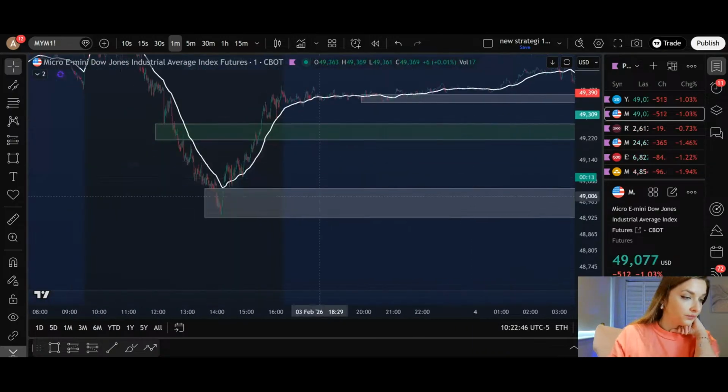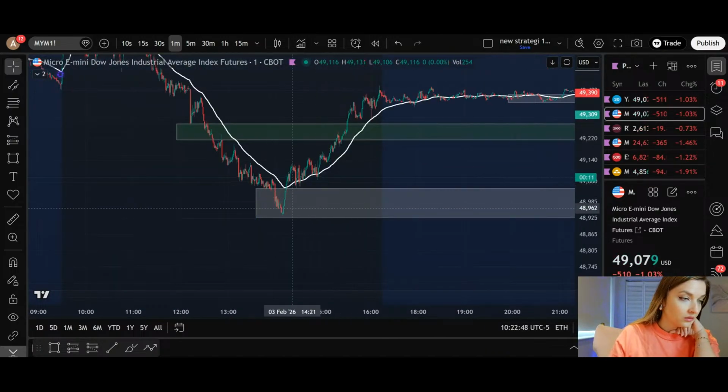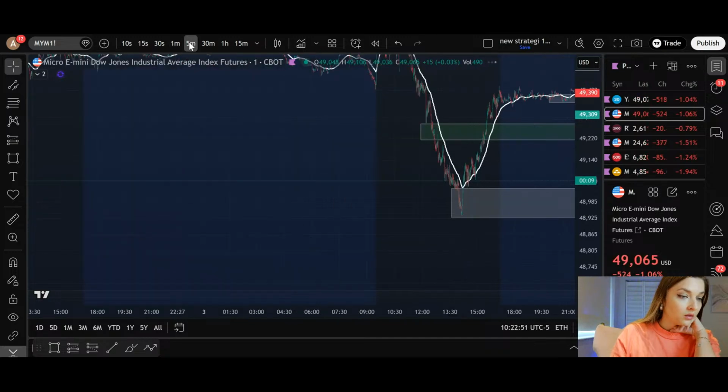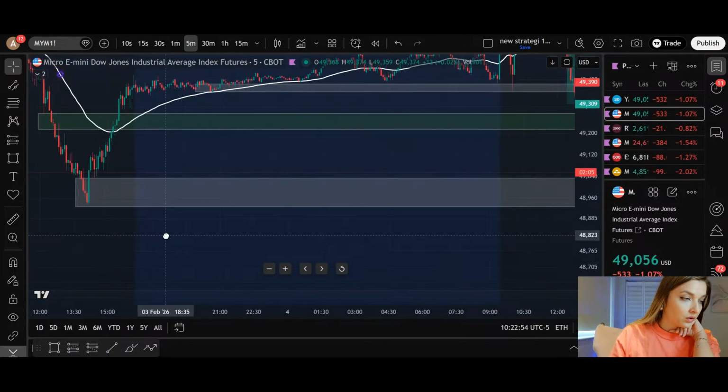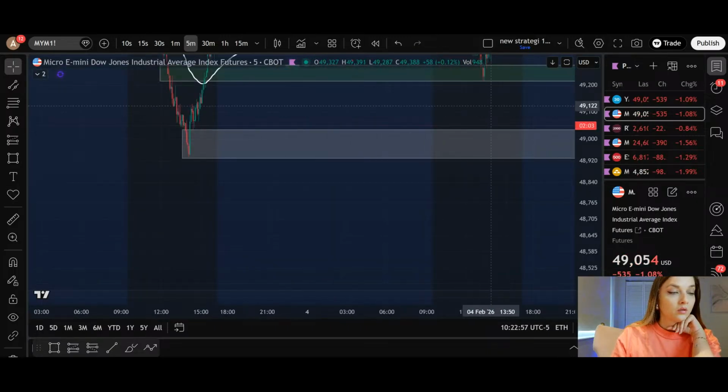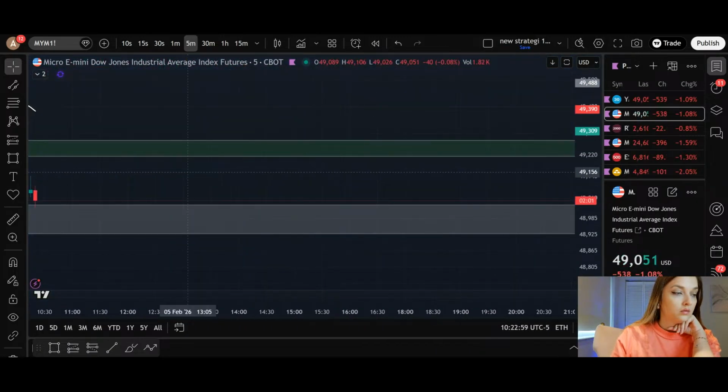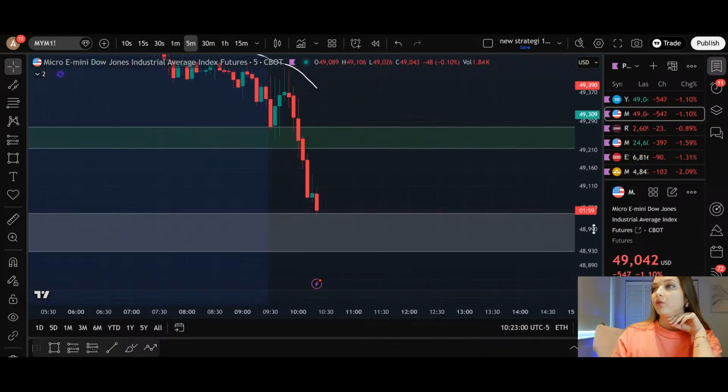You see? This is a strong demand on 5 minutes too. So let's see how the price is going to react here.